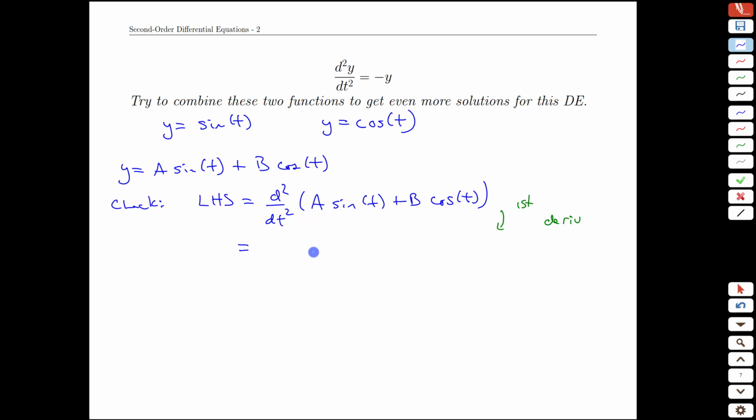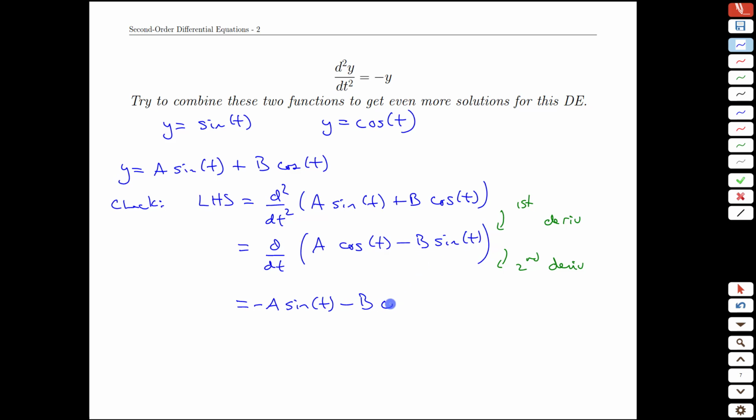Take the first derivative, we're going to have a times cos minus b times sine, derivative of cos being negative sine, and we still have one more derivative to take. So we take our second derivative, and that gives us a times the derivative of cos is negative sine, so negative sine of t with an a multiplier, and this time the b stays the same, the negative stays the same, and the derivative of sine is cosine.